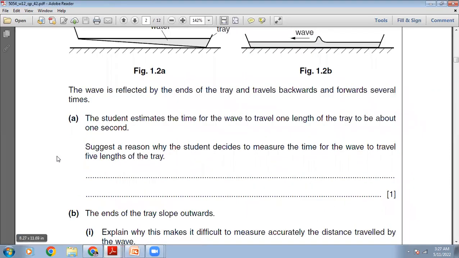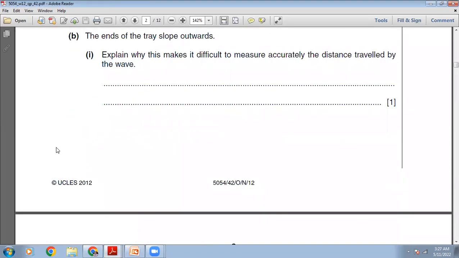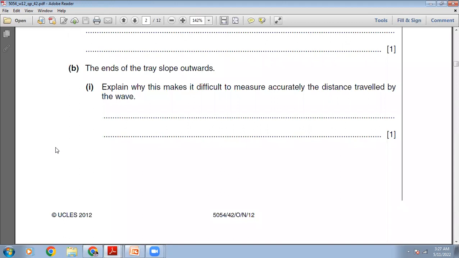Okay, so the next part coming up on your screen: he says the ends of the tray slope outwards. Explain why this makes it difficult to measure accurately the distance traveled by the wave. As you go inside the tray, the distance between the edges of the tray is decreasing, because the edges are bending outward.